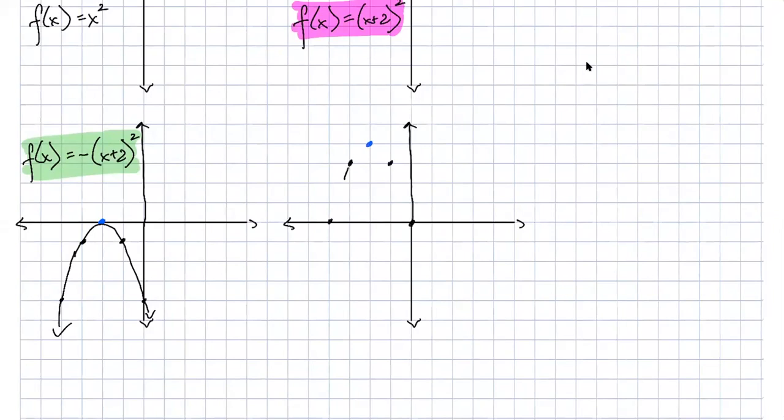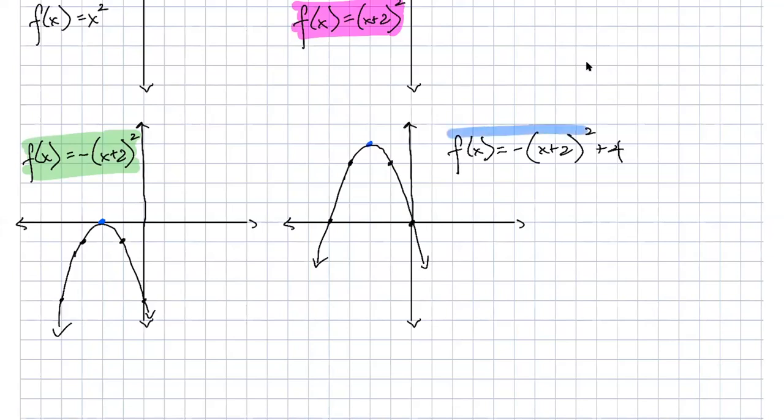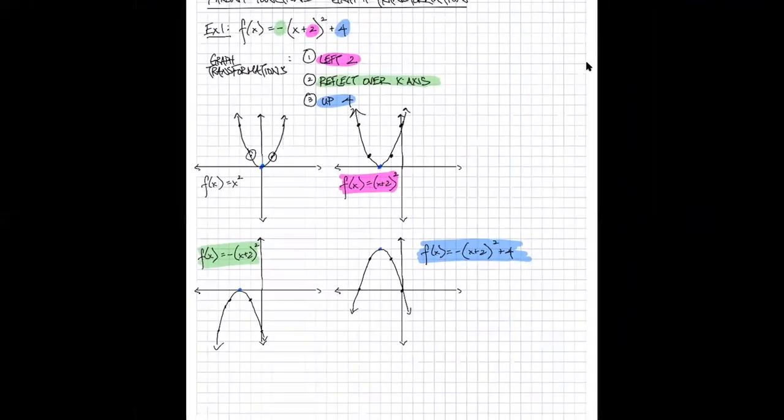And then I can kind of graph the parabola. And I know that this equation is my final one, f of x equals negative x plus 2 squared plus 4. Okay.